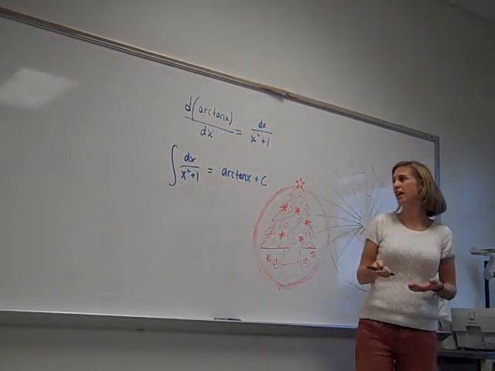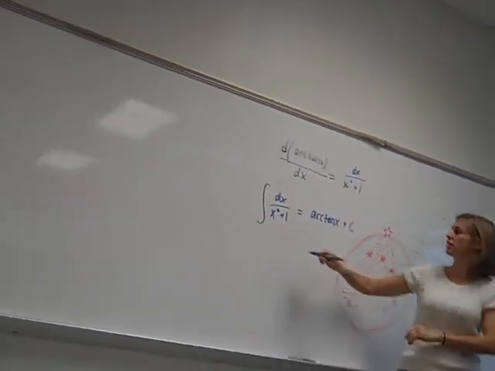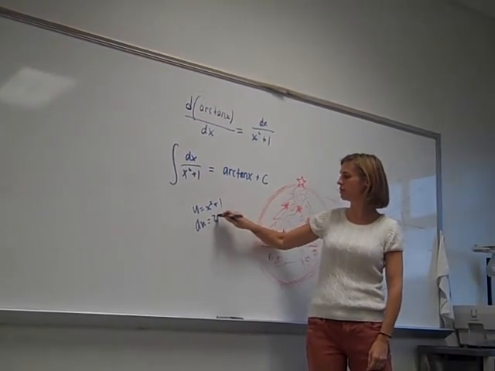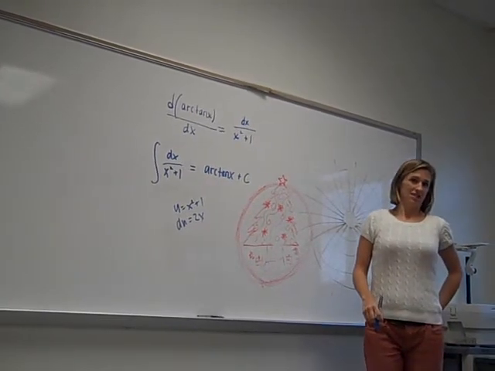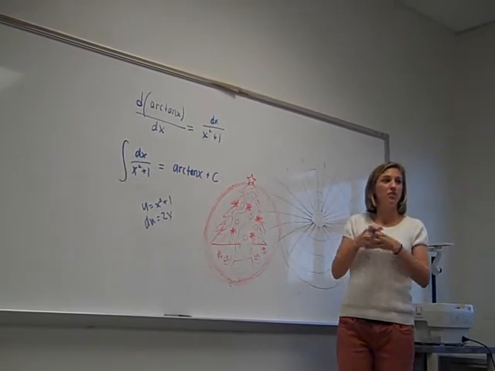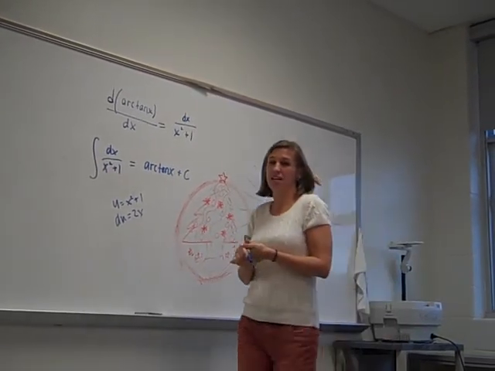How else would you integrate dx over x squared plus 1? If you picked u to be x squared plus 1, then du is going to be 2x, but I don't have an x in the problem. You can't put a 2x on the outside. So if you have 1 over u squared plus 1 or x squared plus 1, you're going to have to use arctan. Here's an example.